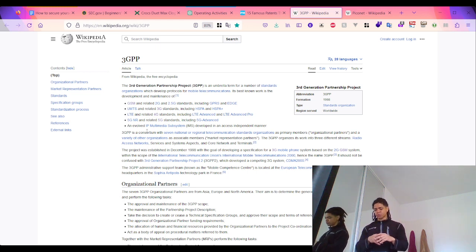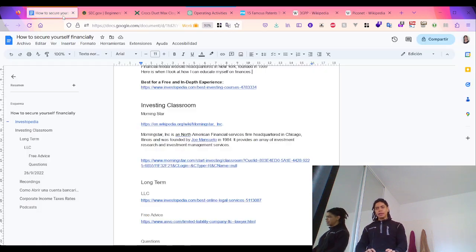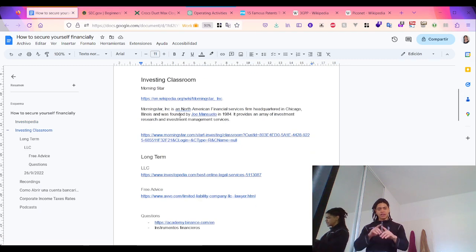Okay, and then I look at the financing activities, which involve the company's long-term liabilities, obligations, and equity ownership.